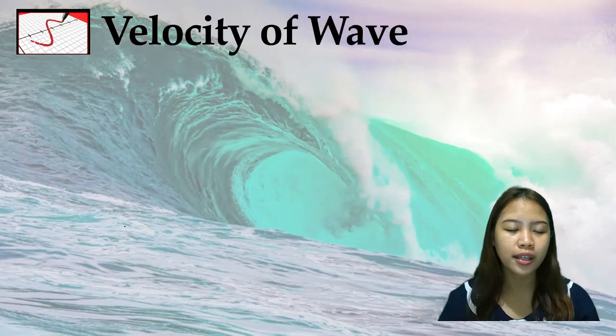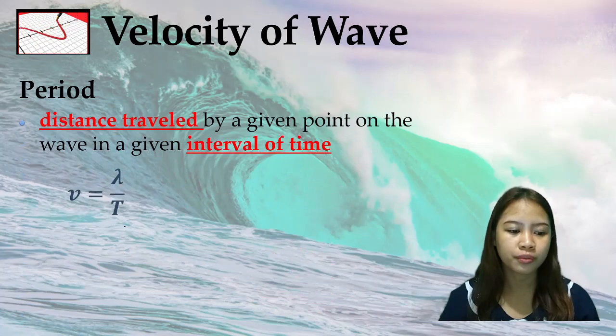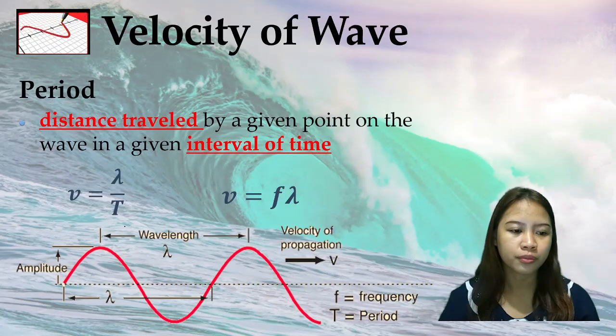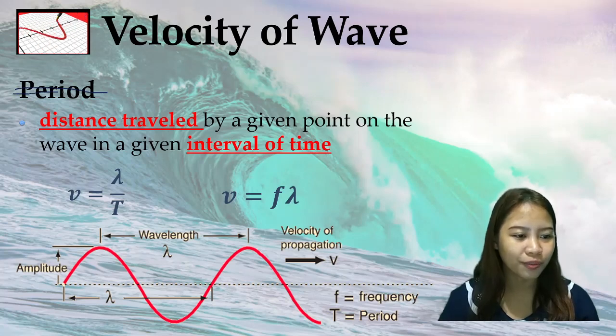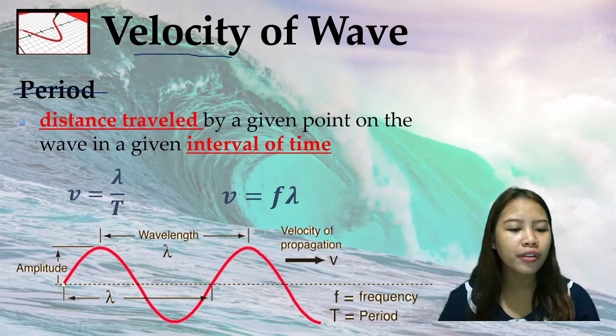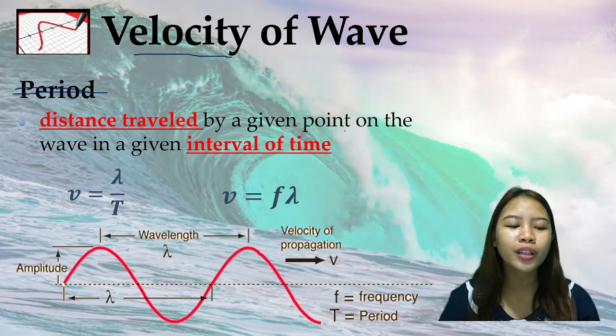And next, let us have here the velocity of the wave. Okay. For the velocity of a wave, this is the distance traveled by a given point on the wave in a given interval of time.